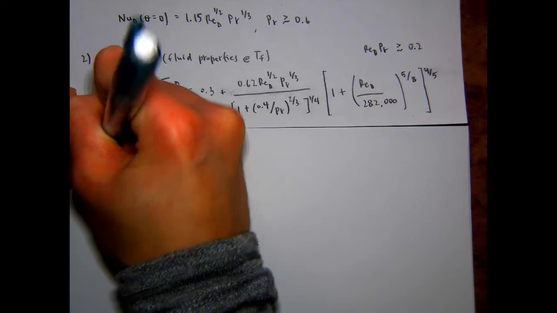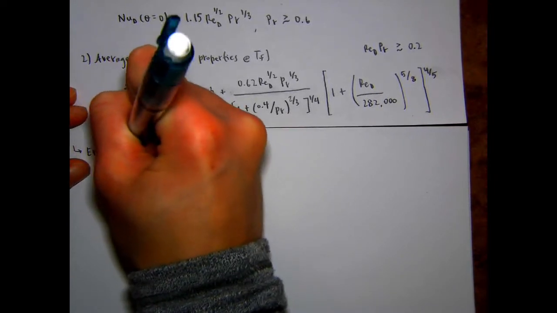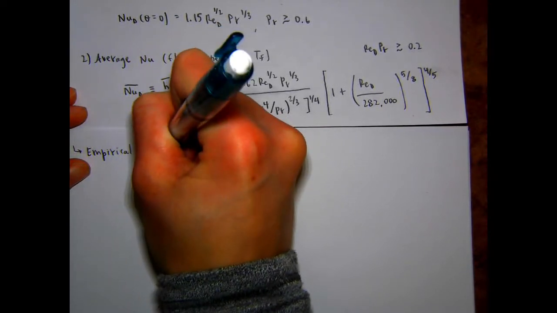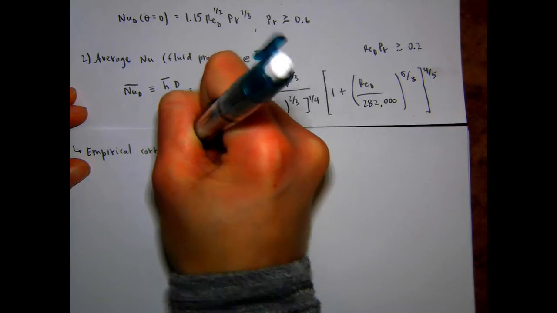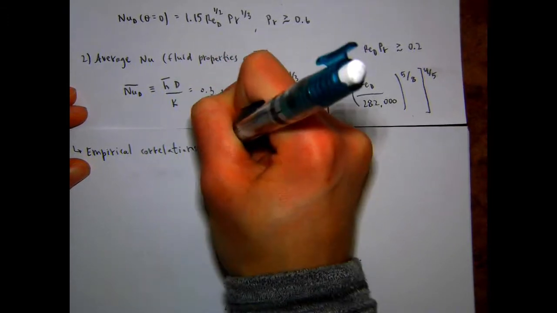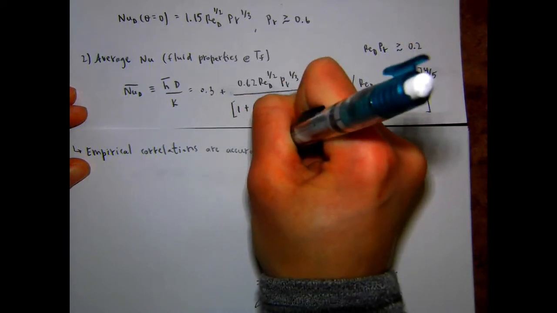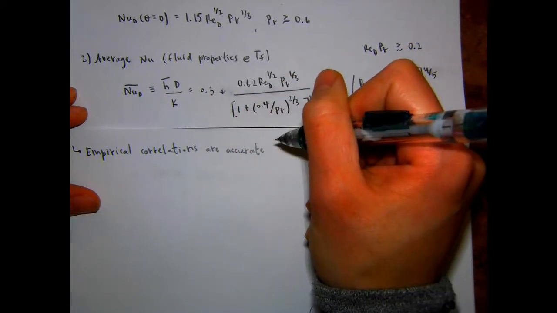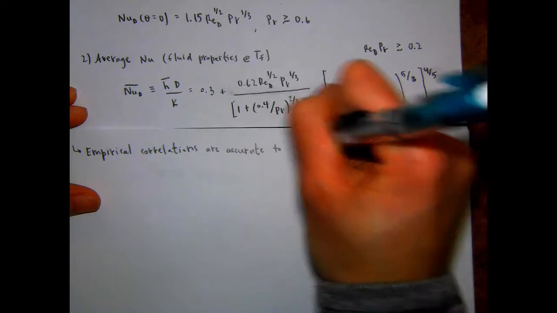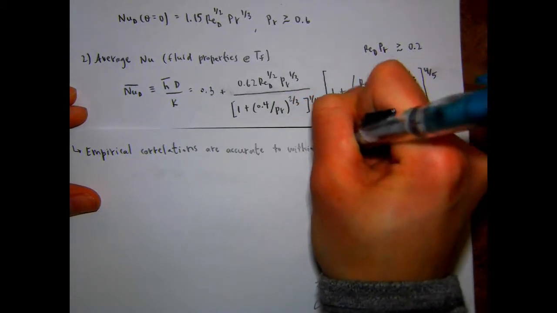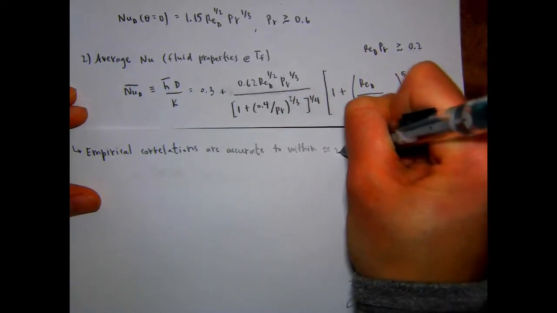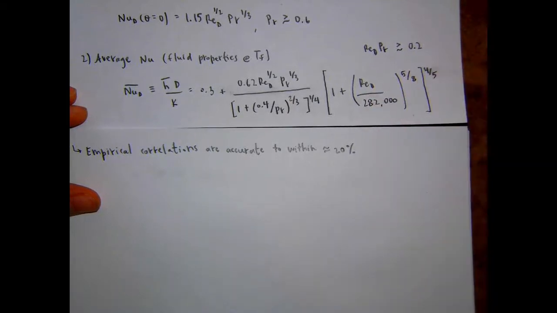And just as a reminder, I think we've written this down before, but empirical correlations are typically accurate to within about 20% of the actual value.